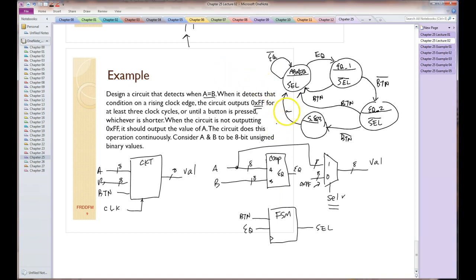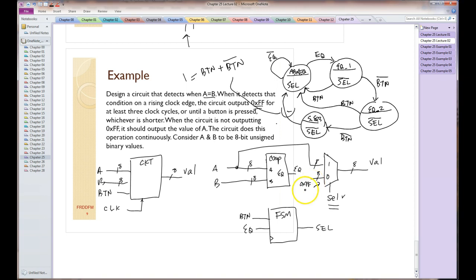So this unconditional transition is actually BTN or BTN not, which is the same thing as 1, which essentially means it always transitions. The last thing I need to do for this circuit is state what select's doing. If I'm still there, select is still outputting FF, and I'm going to call this problem done.